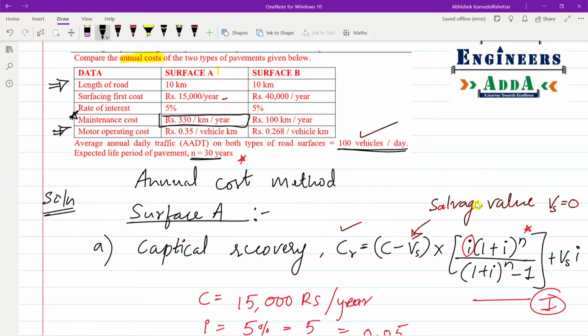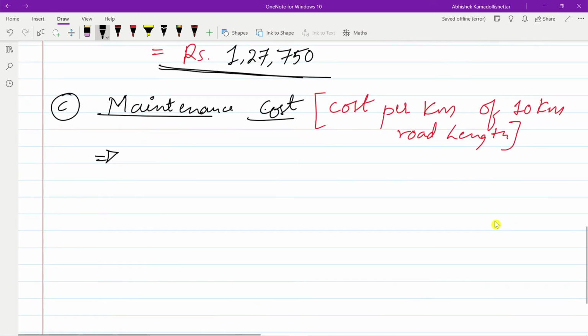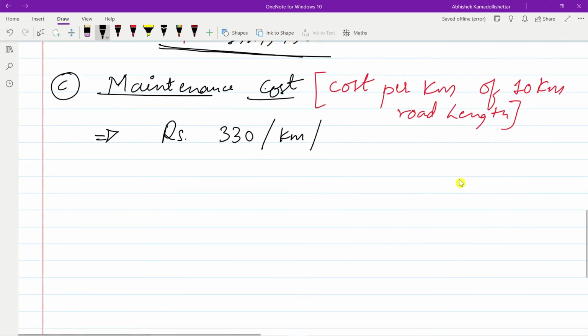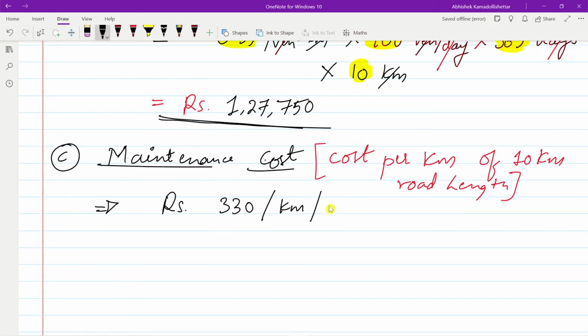Let me take it as it is. Yes, it is per year. Rupees 330 per kilometer per year.